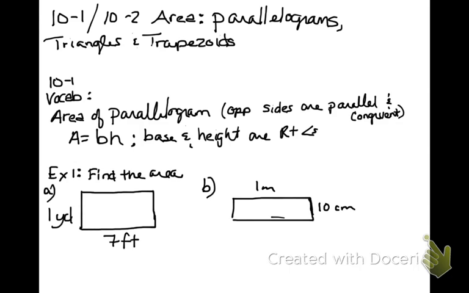So to find the area of a parallelogram, you need to have the same unit of measurement. But on example 1, we have yards and feet. That means I have to change something. Well, I'm going to take the bigger unit and change to the smaller unit.